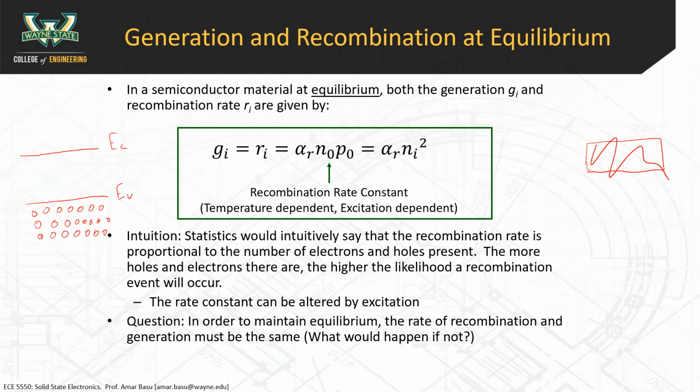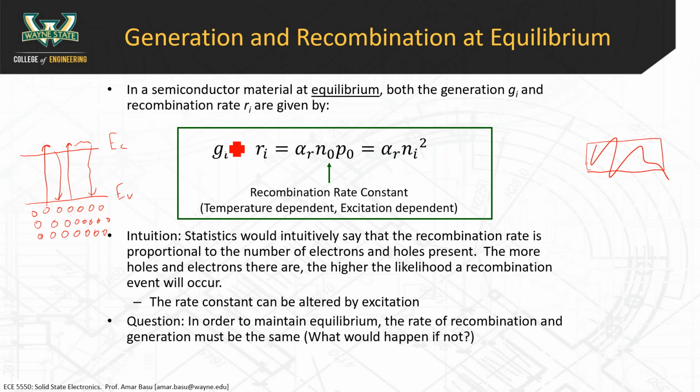At equilibrium, you have electrons that go up into the conduction band, and then they come back down. Another electron goes up into the conduction band. It might move around in the conduction band a little bit and comes back down. These processes are repeated over and over again.